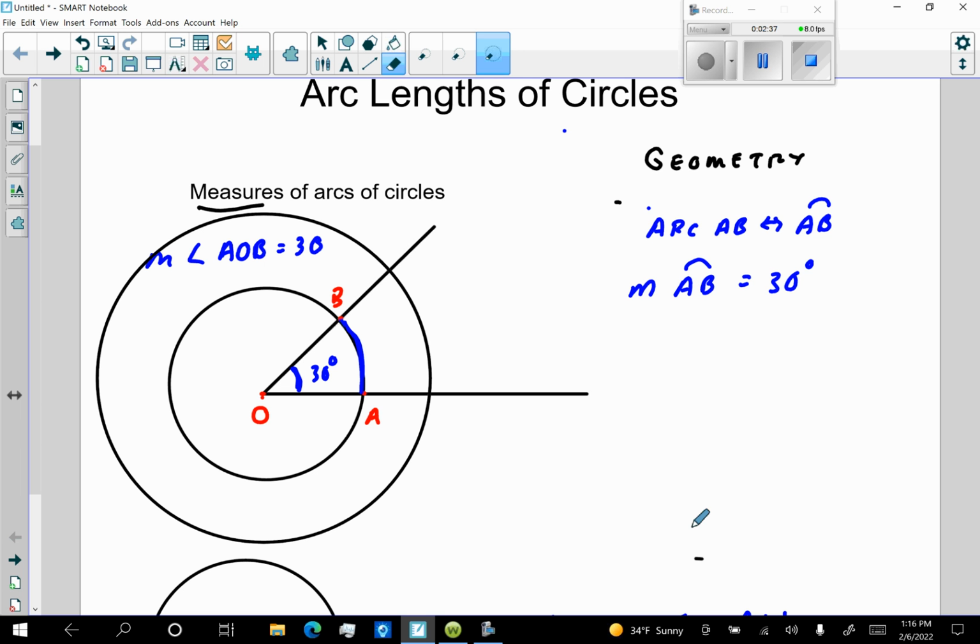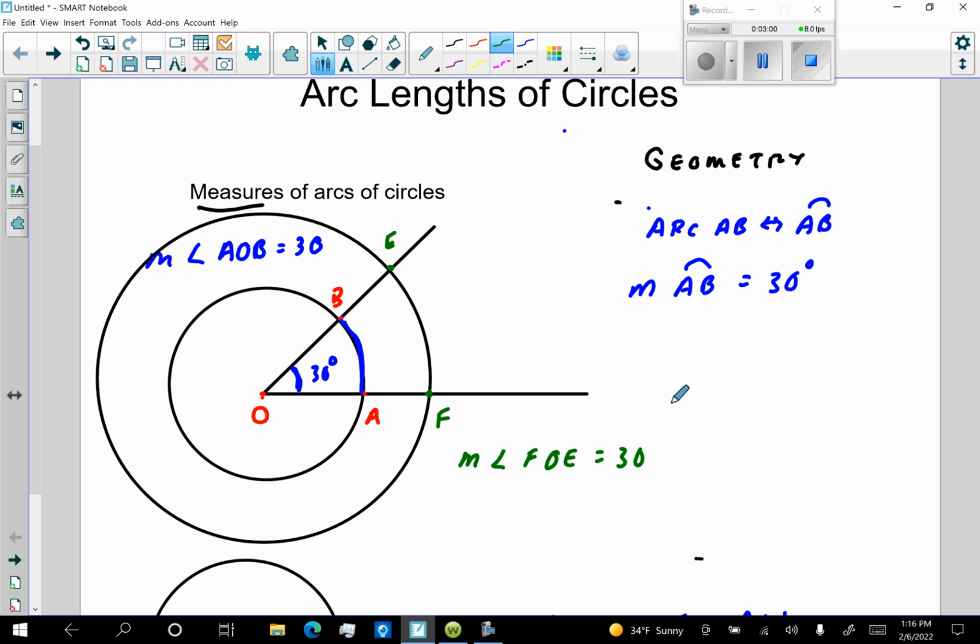And on this bigger circle, if I look at these two points, E and F, I notice that the measure of angle FOE is also 30 degrees.